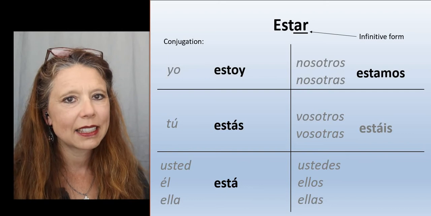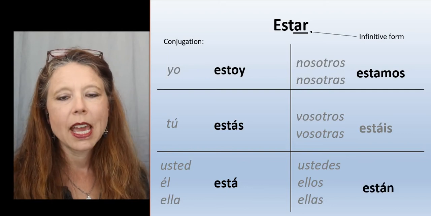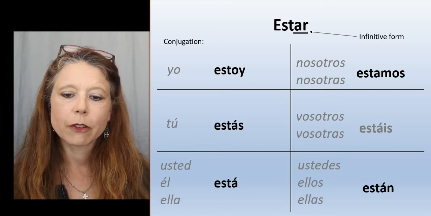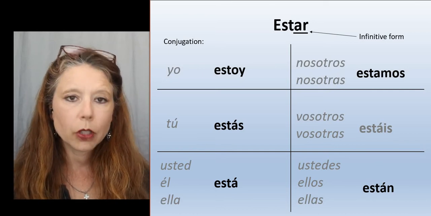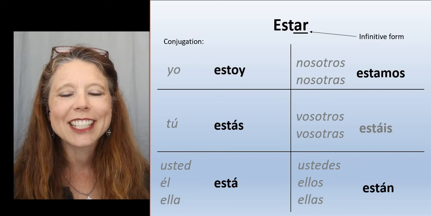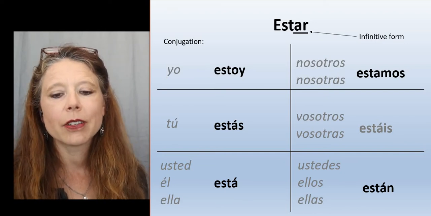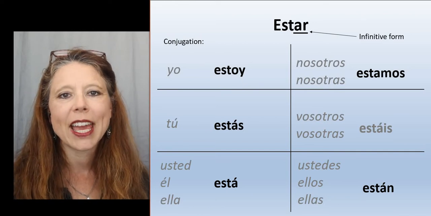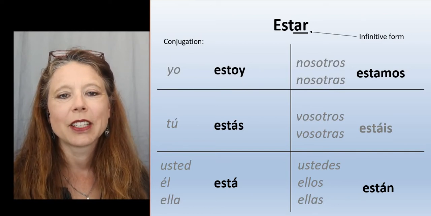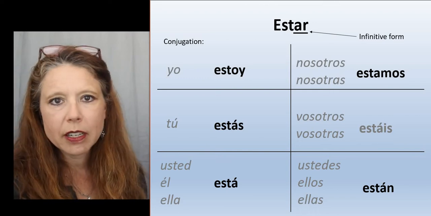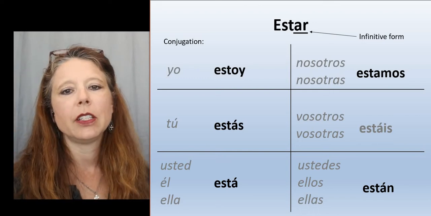Estáis. Great. And third person plural is están. So if we want to say you all, you guys are, ustedes están. They are, we say ellos están or ellas están. And sometimes if we understand who it is we're talking about, we don't need to put that pronoun.